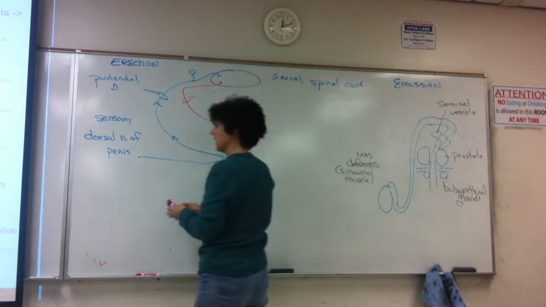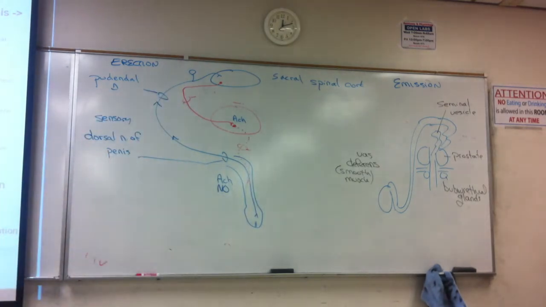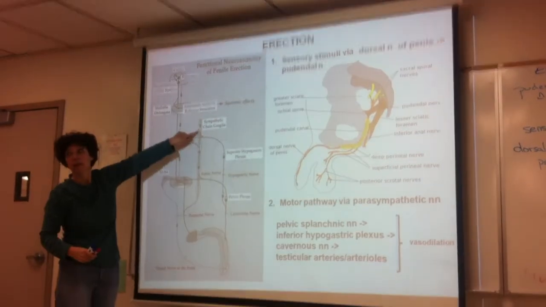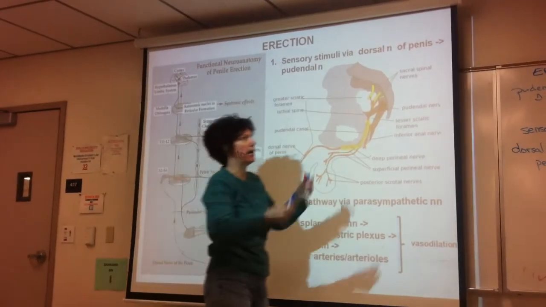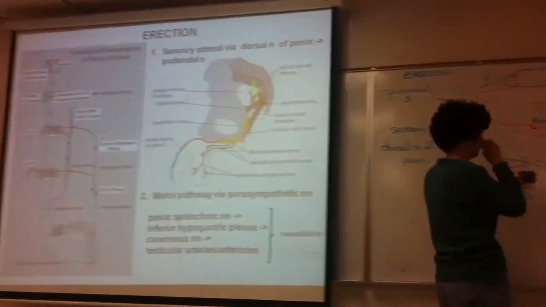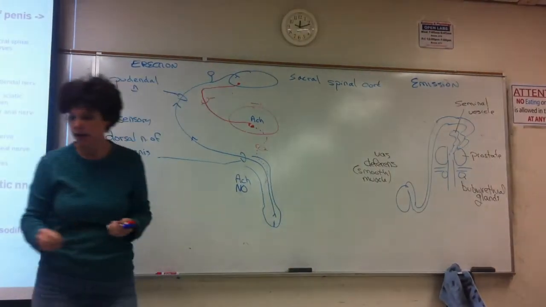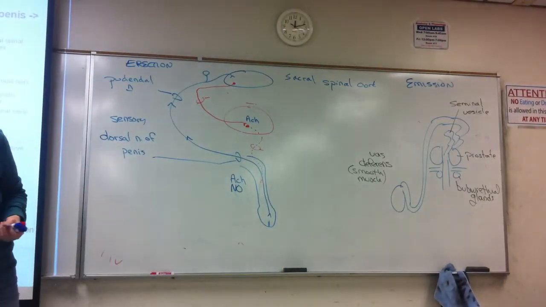So now, since we're using the sympathetic nervous system, we're going to be using this sympathetic chain ganglia right here. All right, so that comes from a little bit higher, the lumbar region of the spinal cord.